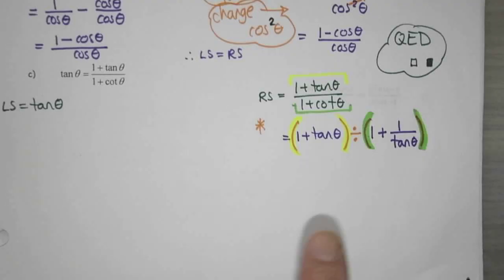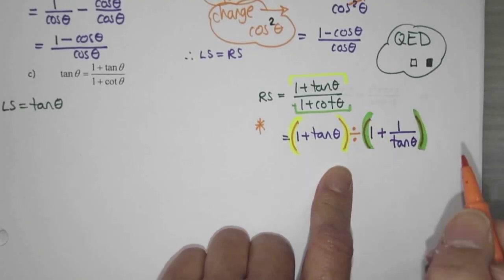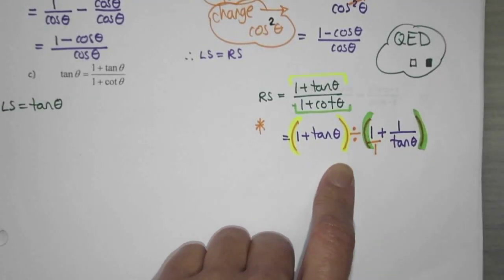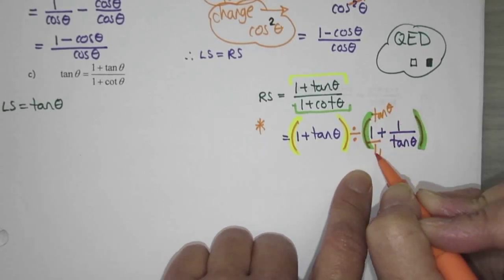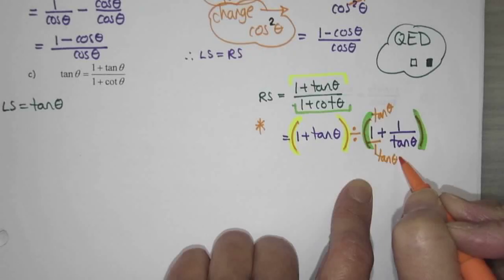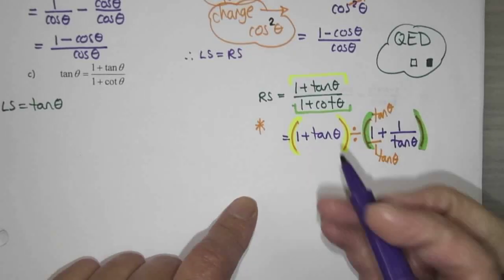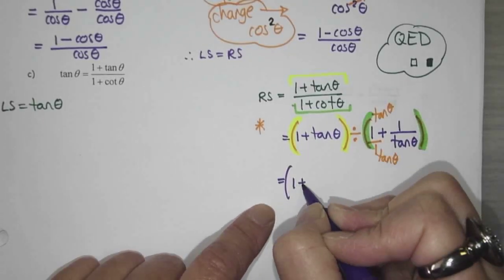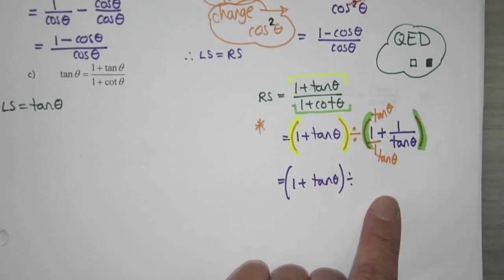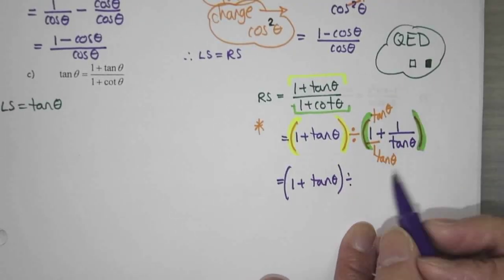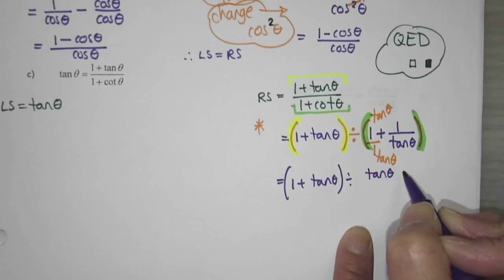So then, when I do this, I want it to be lowest common denominator. So like this, and we're going to go tan theta, like that. Okay, so we're going to go equals 1 plus tan theta divided by, and now look, tan plus 1, so I'm going to go tan theta plus 1.